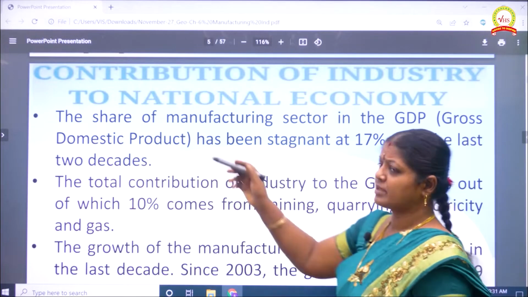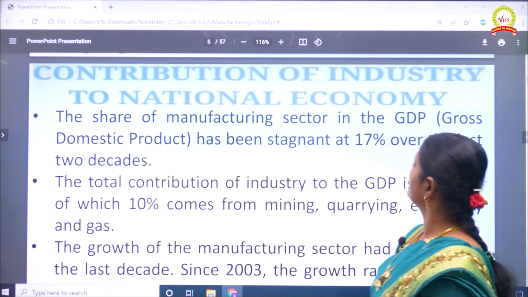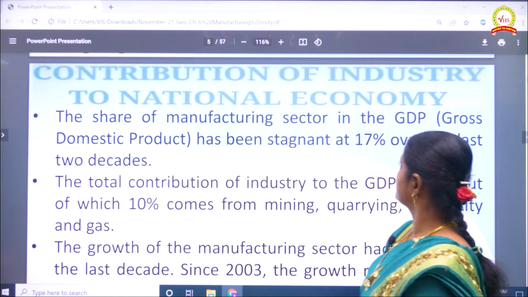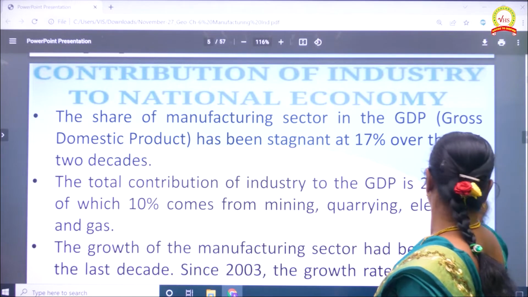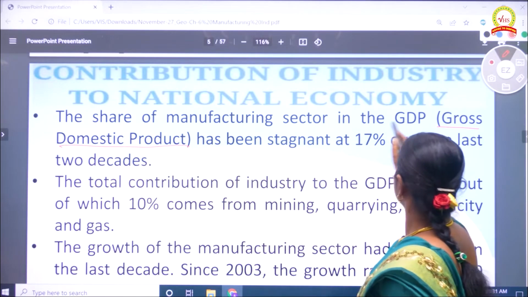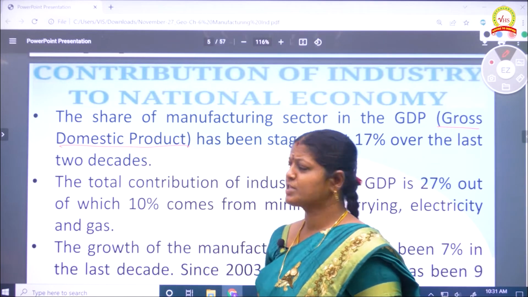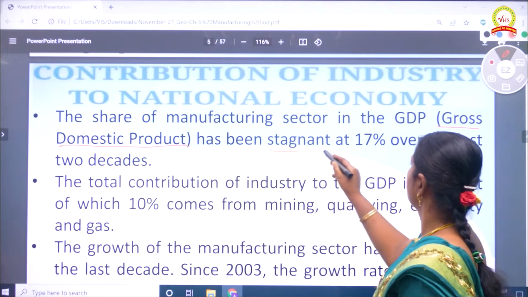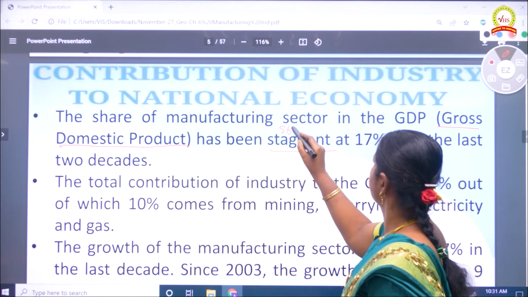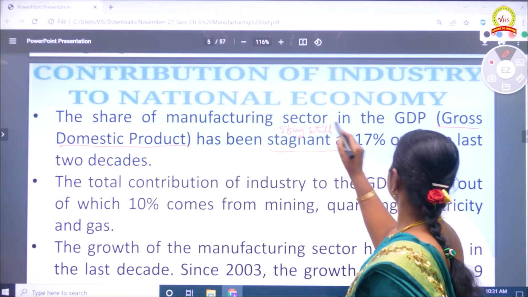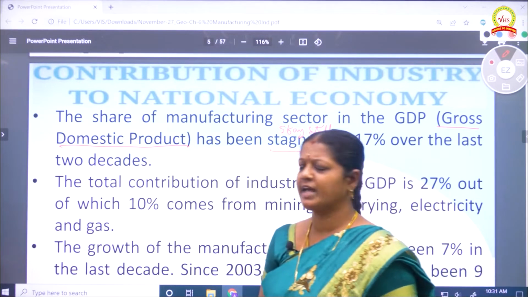So now let us enter the topic, the contribution of industries to the national economy. The share of the manufacturing sector in the GDP, GDP is gross domestic product, has been stagnant, that is, standing still, at 17% over the last 2 decades.